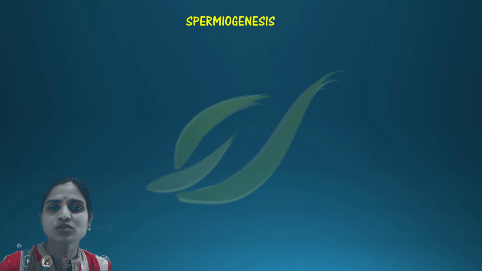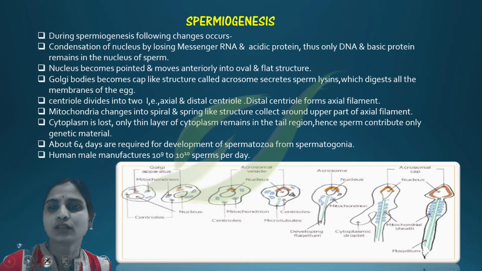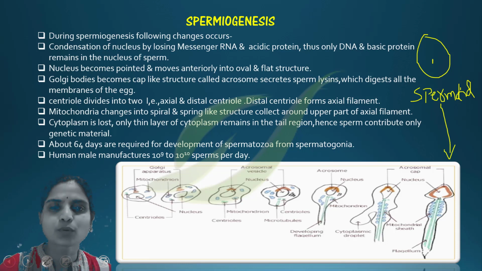Next we are going to study spermiogenesis. As we have discussed, how the non-motile, circular spermatid will transform into a sperm. That complete process we are going to study here is called spermiogenesis.